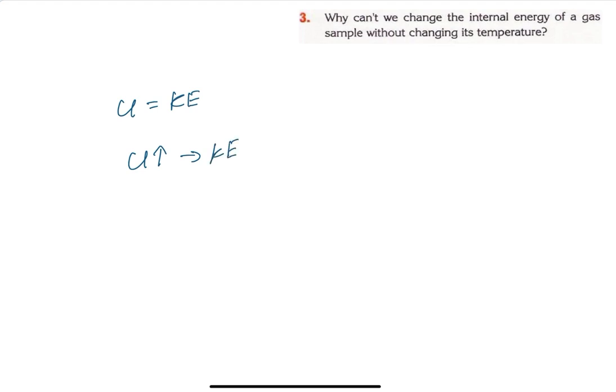Kinetic energy is an indicator of the increasing speed of each molecule, and the speed is an indicator of increasing temperature. There are no other energies except kinetic energy. That's why in ideal gases it works only in this way.